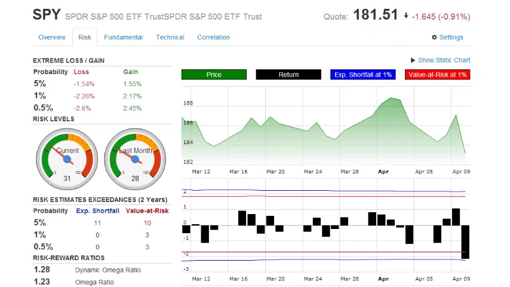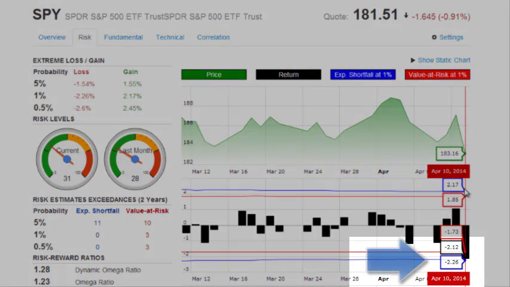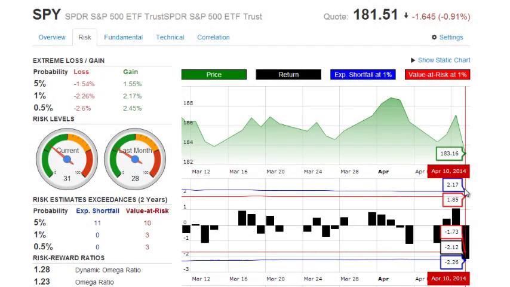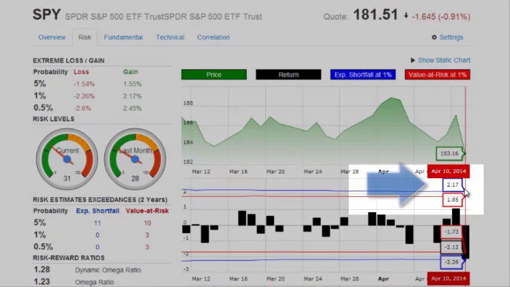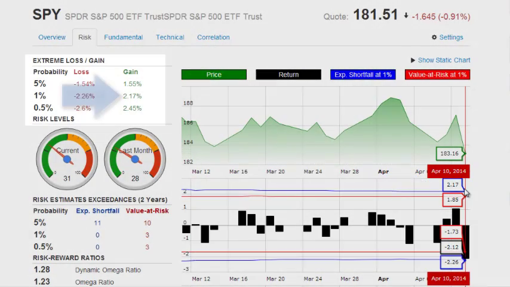This risk measure is perhaps the single most important to be aware of for any security that you analyze. This represents the 1% worst case loss potential based on today's risk level. This matches the most recent lower blue line and is called the expected shortfall. The upper blue line, with a value of positive 2.17%, matches the potential extreme gain reported.